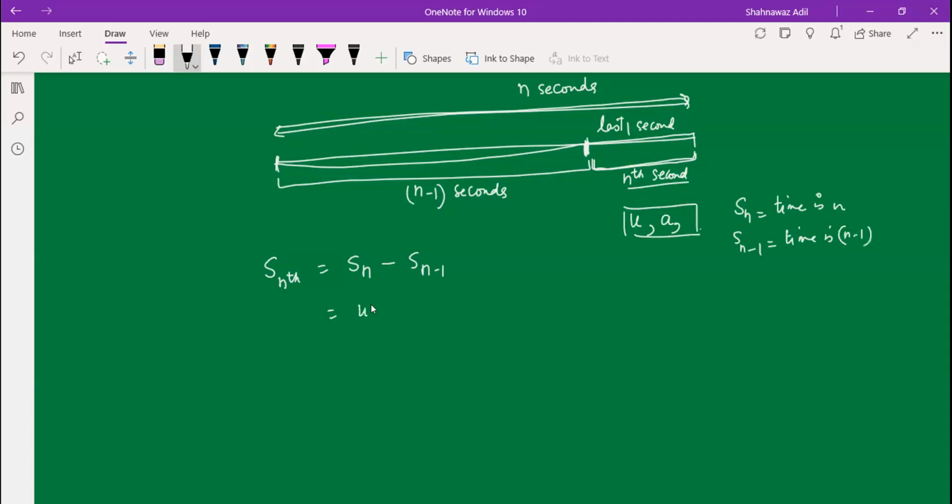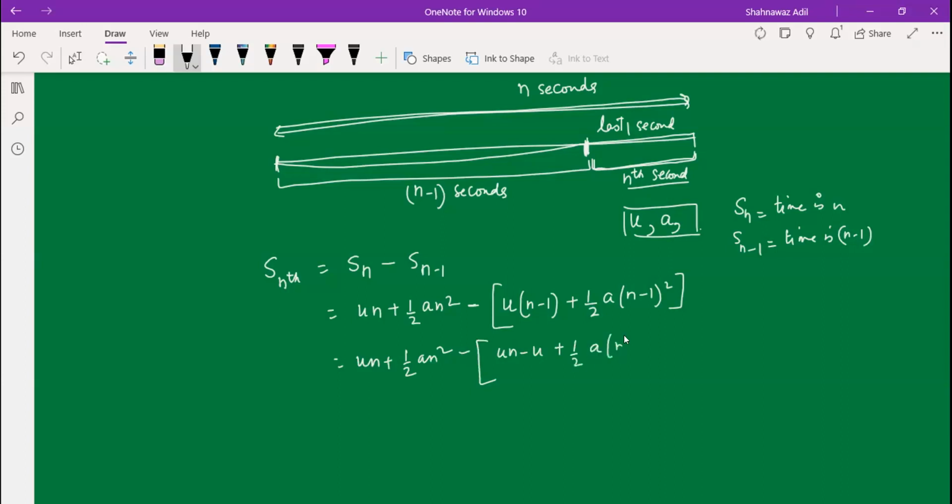This would be un plus half an square, minus of this would be how much? This would be u times (n minus 1) plus half a (n minus 1) whole square, right? So this is un plus half an square minus un minus u plus half an square minus 2n plus 1.